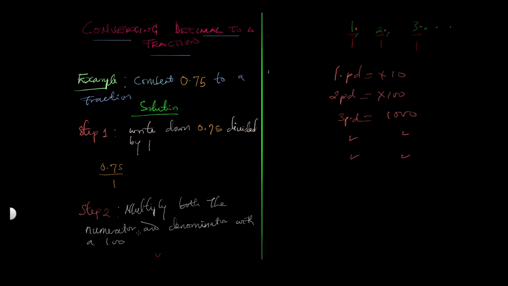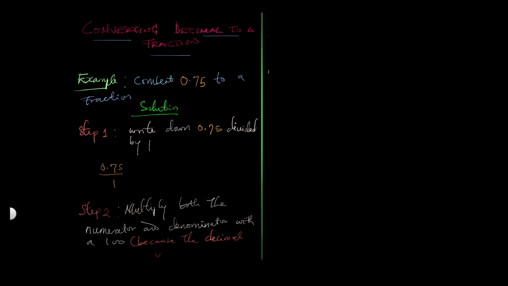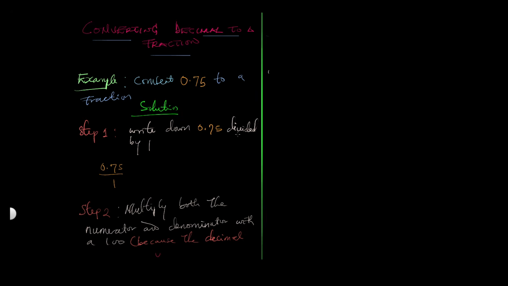And the reason is because the decimal has 2 digits after the decimal point.